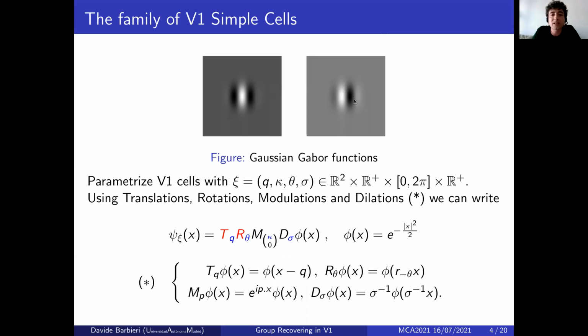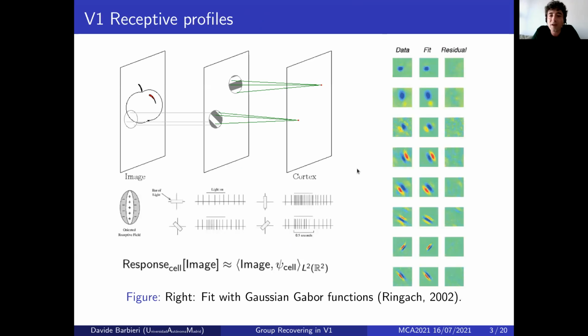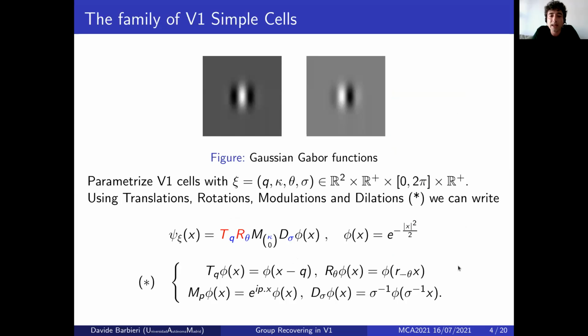The whole family encountered in a typical visual cortex of a mammal, be it a cat, a ferret or a tree shrew, can be parameterized more or less by a translation, a rotation, a modulation, and a dilation of a Gaussian.